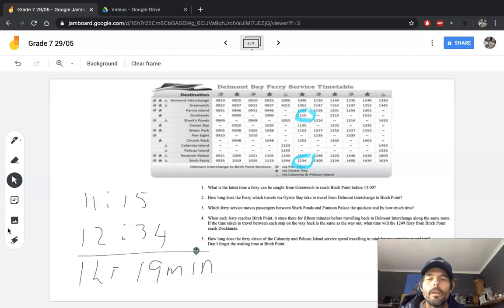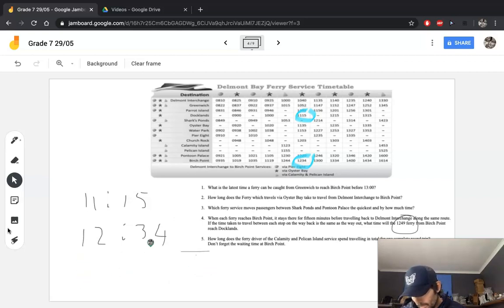Okay, now you know that it waits for 15 minutes before it departs Birch Point. So we know it's going to be departing at 12:49. So what do I need to do? I need to add 1 hour and 19 minutes onto 12:49. Okay, so I can go 12:49. Let's create some space.